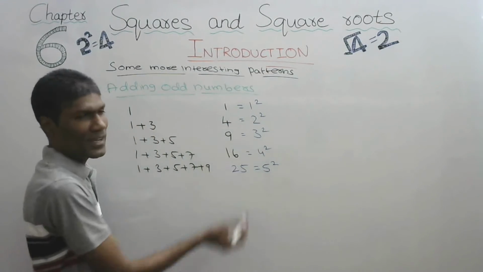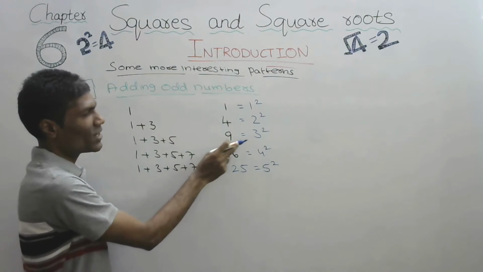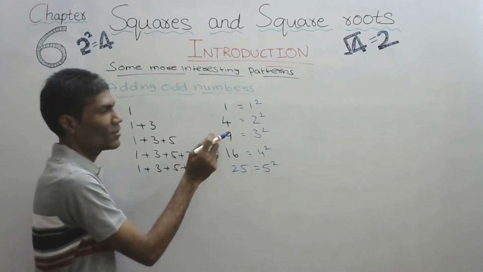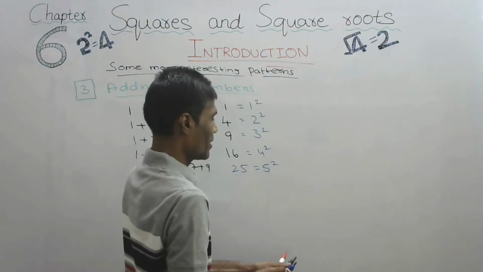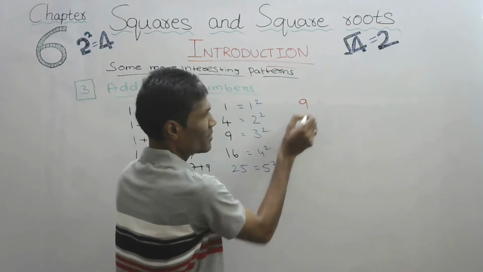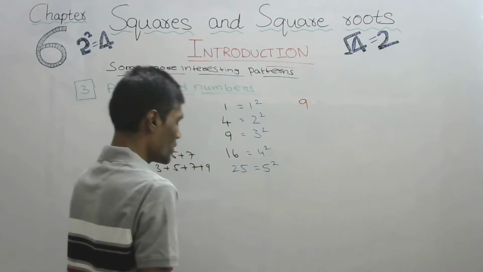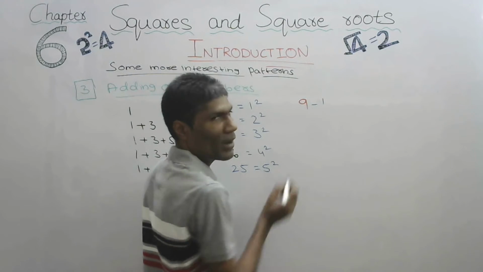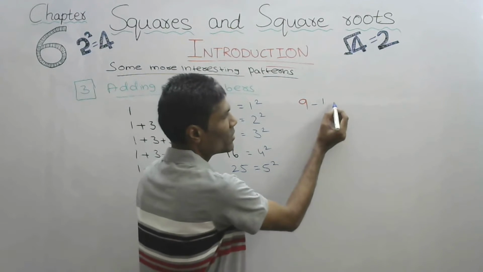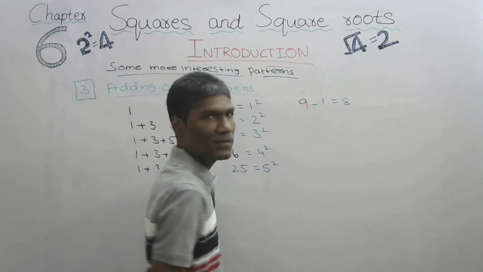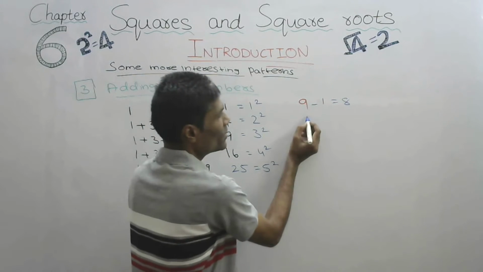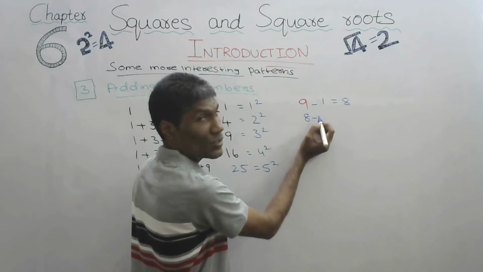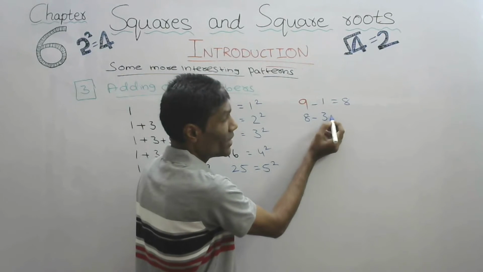Now, let us extend this. Say, take any number. For example, let us start with the middle one, 9. What you do is, first subtract the smallest number, 1. How much did you get? 8. From this you subtract the next odd number, 3.